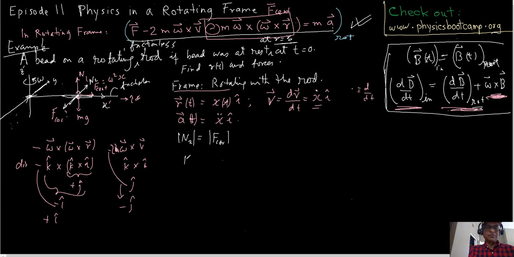And we see that N1 is equal to mg, because gravity is along the z-axis.